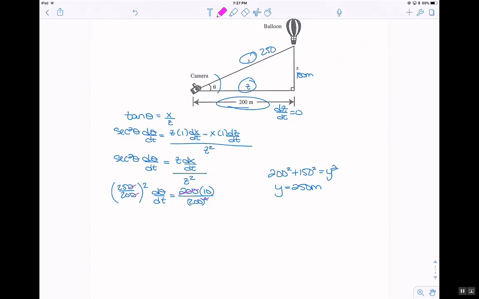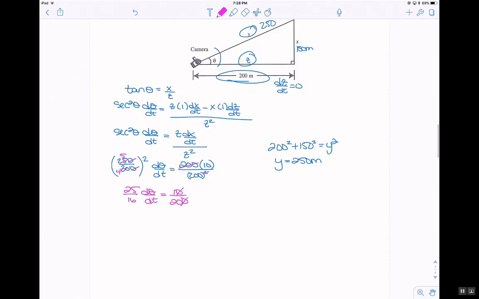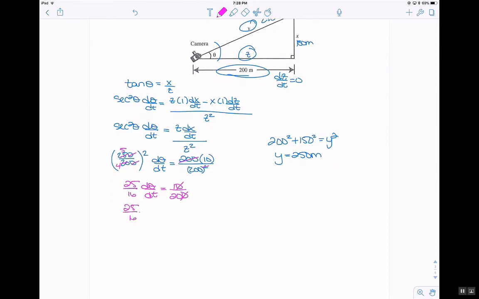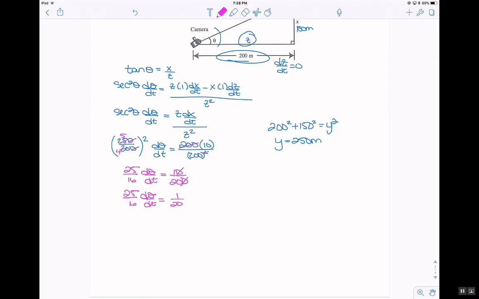And then I can start simplifying some things. So my 200 and my squared cancel out. My zeros cancel out. Everything's divisible by 5, so that gives me 5 over 4. So this is 25 over 16 d theta/dt is equal to 10 over 200, which I can reduce again. So I get 25 over 16 d theta/dt is equal to 1 over 20.